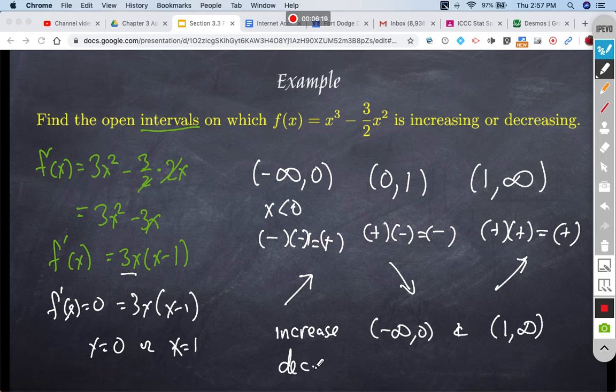And we're going to be decreasing on the interval from 0 to 1. So that's using the derivative to help us see what's going on. Our big key here is that where the derivative changes sign, from positive to negative or negative to positive, is going to be where it crosses 0.